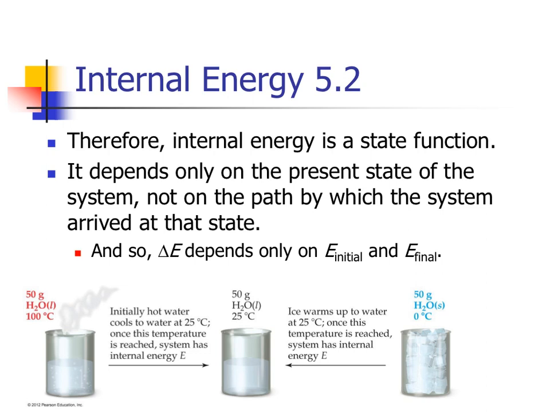Those other equations with the Q and the work being done are still very important, but it really comes down to where it is now. What did it start with? What did it end with? And that's why it's a state function, and it depends on the present state in which we find it.